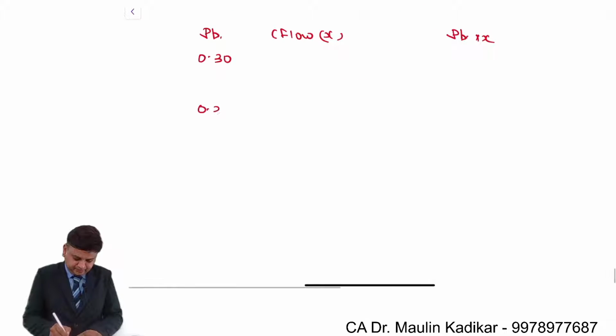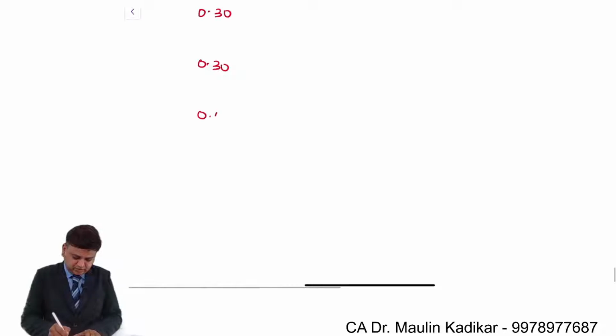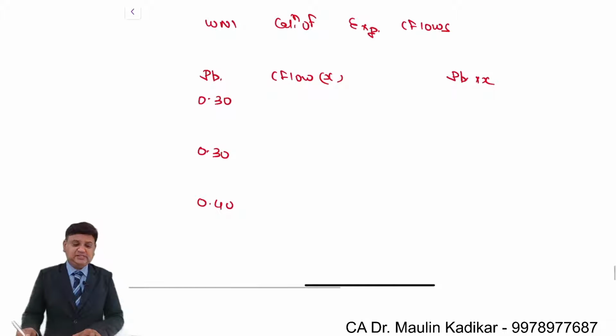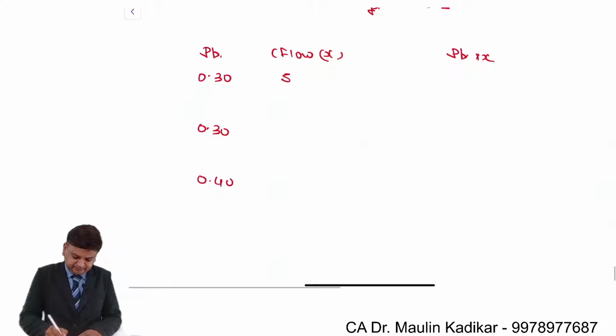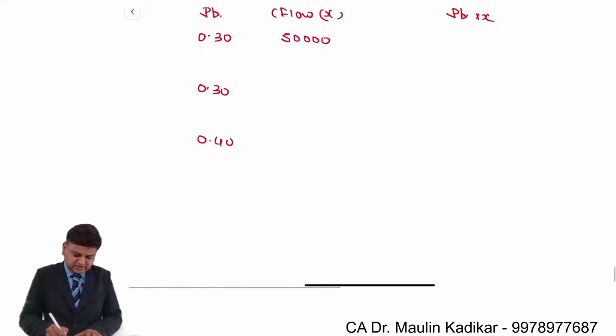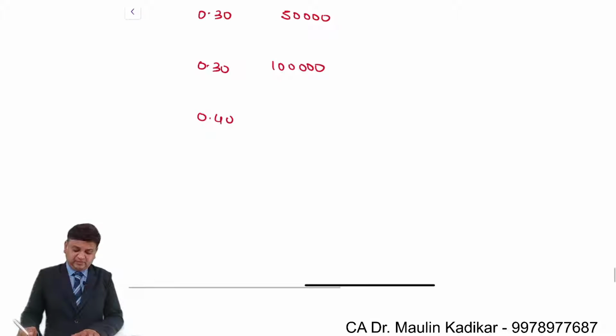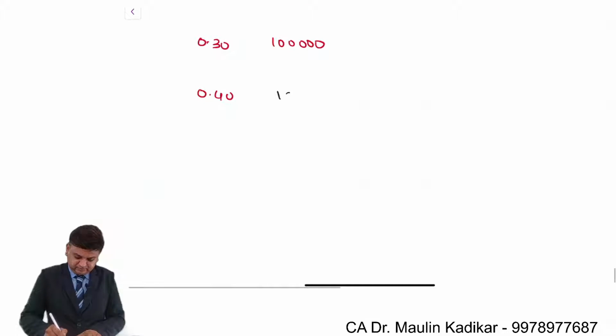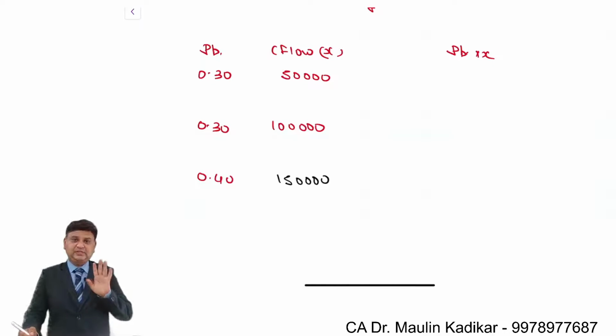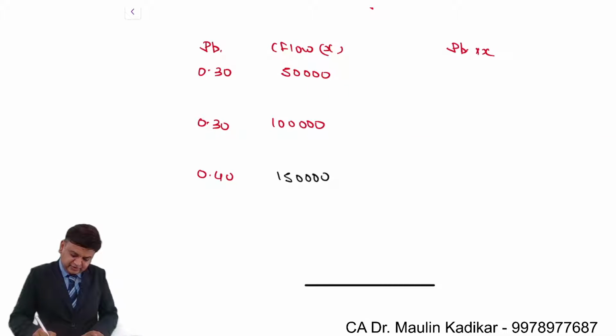There are 30% chances that the cash flow will be 50,000. Another 30% chances it will be 1 lakh. And 40% chances it will be 1,50,000. So 30% of 50,000 comes to 15,000.